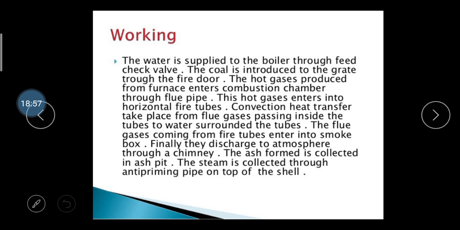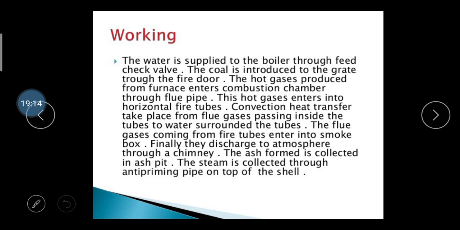Working: the water is supplied to the boiler through the feed check valve, and then the coal is introduced onto the grate through the fire door. The hot gases produced in the furnace enter the combustion chamber through the fuel pipe.